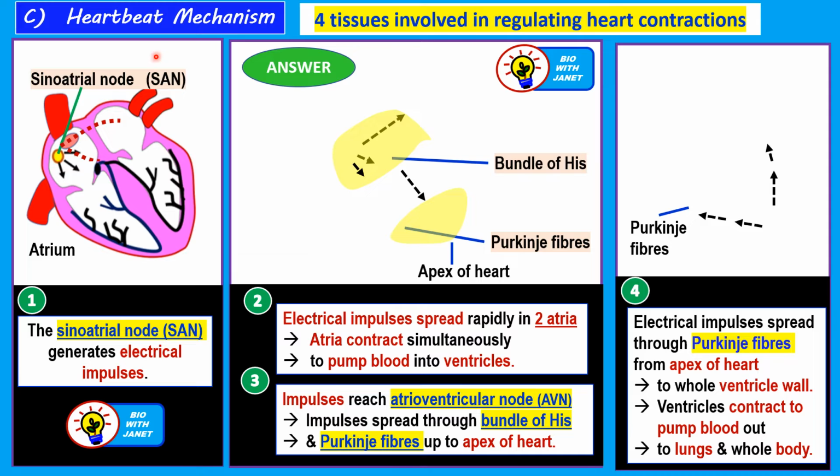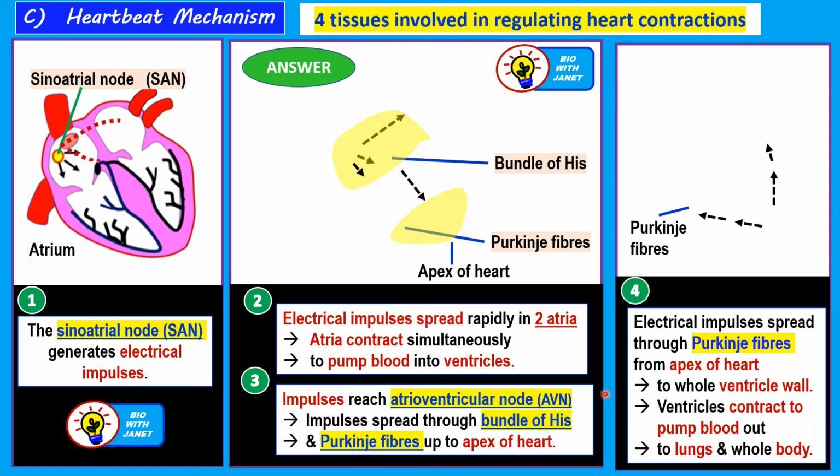Now let us answer the question, how to explain or describe the heartbeat mechanism, which involves the 4 tissues that we have listed just now. The first one is the sinoatrial node. What is the role of the sinoatrial node? To begin the heartbeat, the sinoatrial node or SAN must generate one electrical impulse that spreads to the 2 atria.